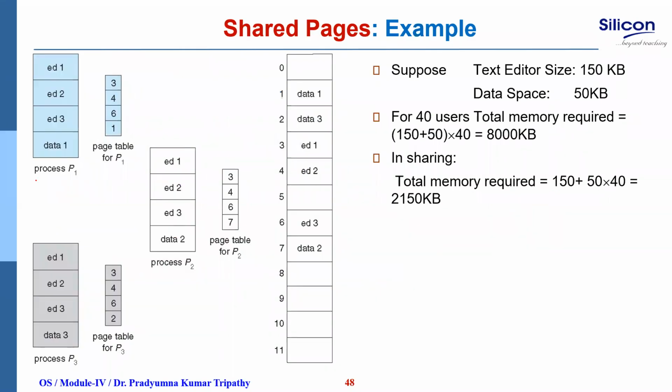Just look over here. For example, I have process 1, process 2 and process 3. 3 processes are running. All are working with ED1, ED2 and ED3.